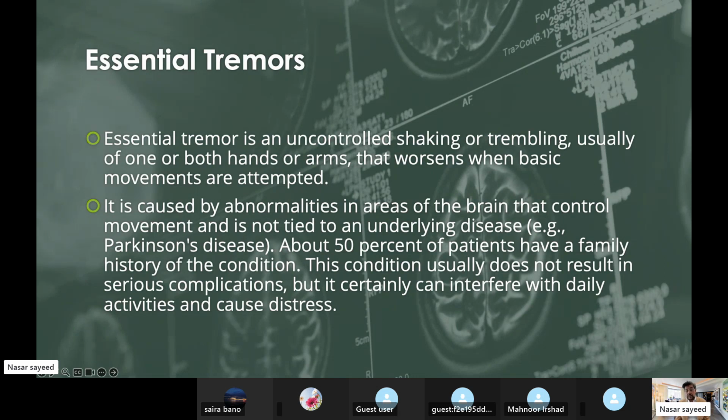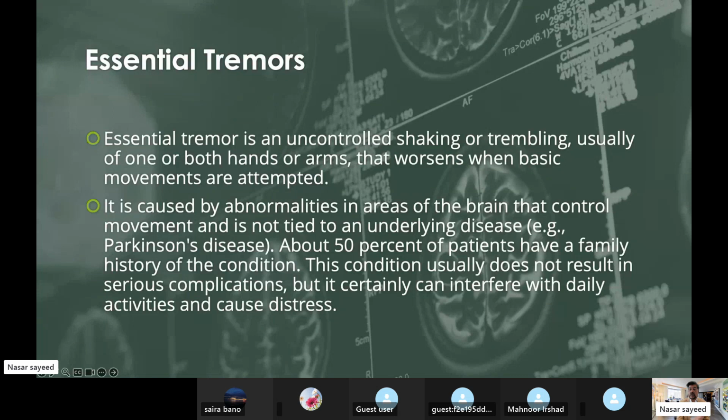With voluntary efforts, they may disappear. But of course, the neurologist would be able to explain this better to you. It is caused by abnormalities in the areas of the brain that control movement. So again, basal ganglia. About 50% have a family history of this condition.